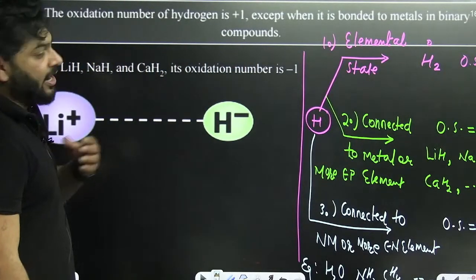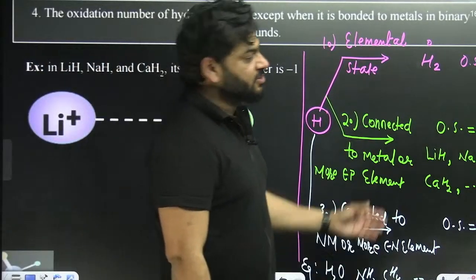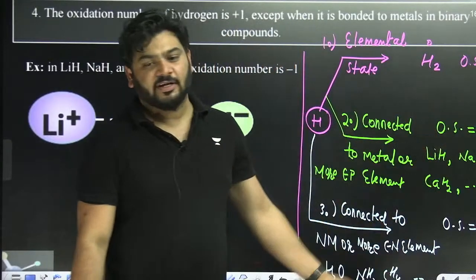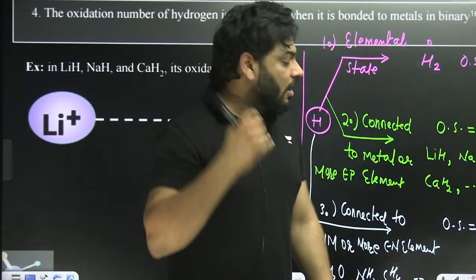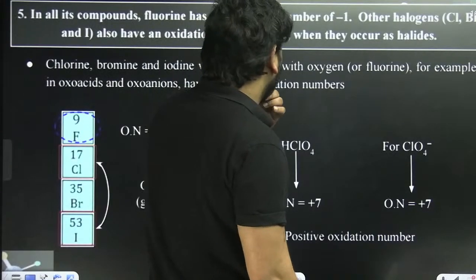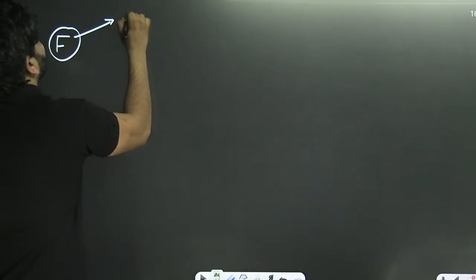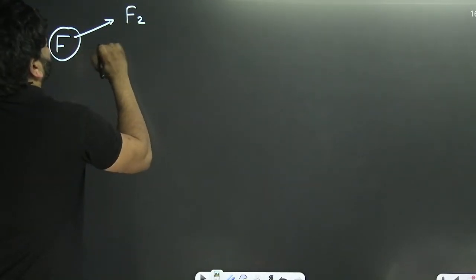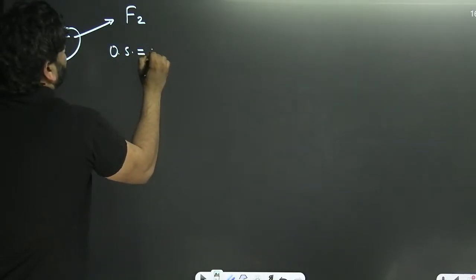So, guys, that is hydrogen for all of us. Hydrogen has this much number of variable oxidation states it can show in its combined form. Now we'll come to the next element. We have halogens. I'll give you a few examples. If we talk about fluorine, fluorine can exist in two states. One is the elemental state F2, where oxidation state will be 0.